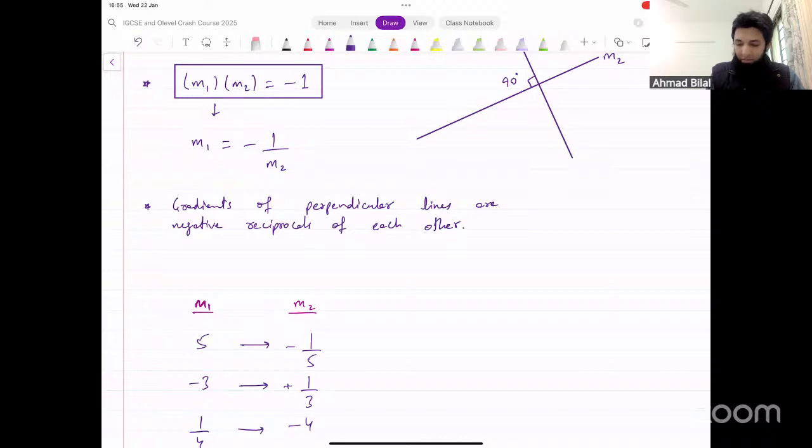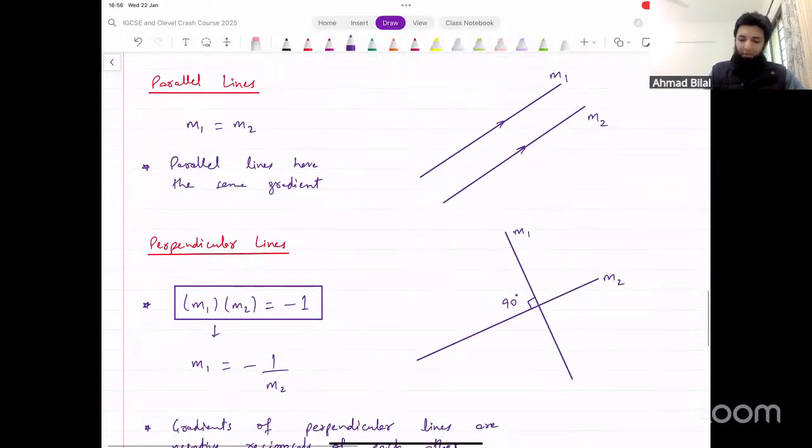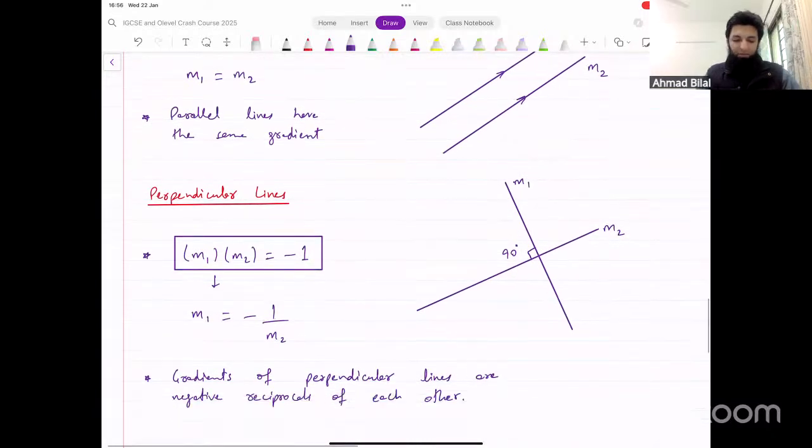All right. Parallel lines have equal gradients and perpendicular lines have gradients that are negative reciprocals of each other. Now, these are two important results that you need to keep in mind.